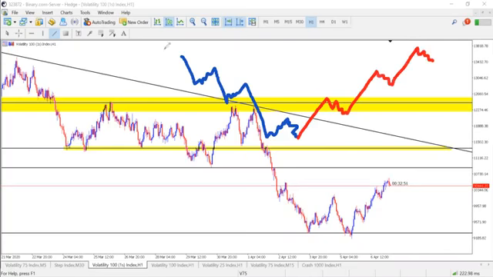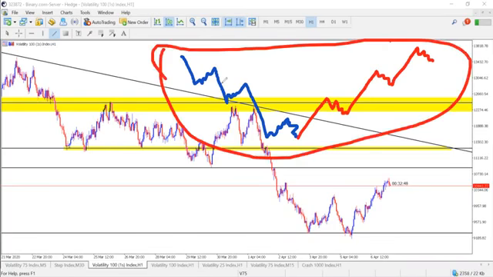If we can understand this, we call it the wave theory. You can understand the impulsive phases and the corrective phases, and then you'll always be on the right side of the market, right? So I'm not gonna point out a lot of things here.